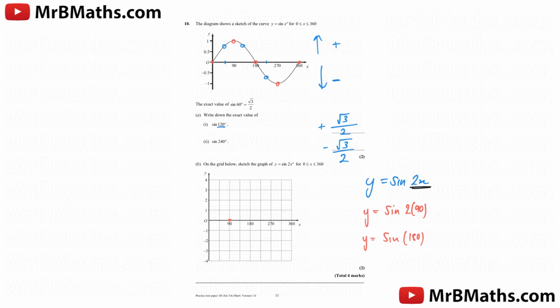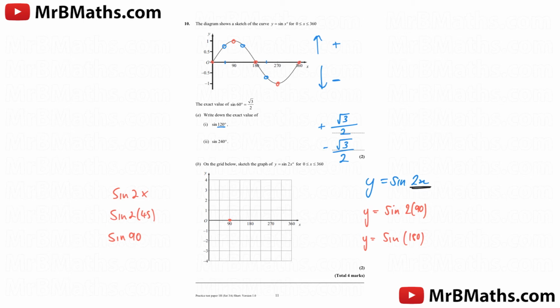So if I would like to plot here, for example, this would be 45. If I then put sine 2x and I put sine 2 times 45, this is actually the sine of 90. So if I can find the sine value of 90, that would give me what I should put here for 45.